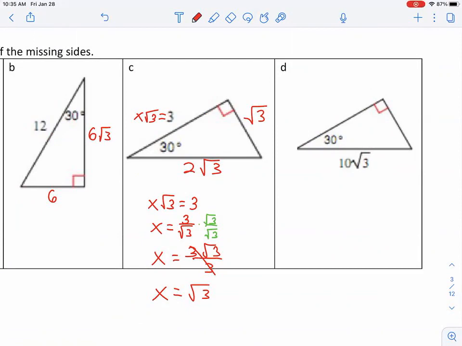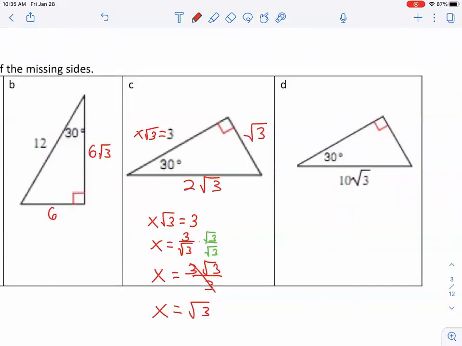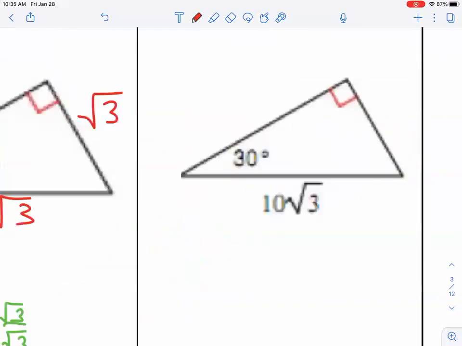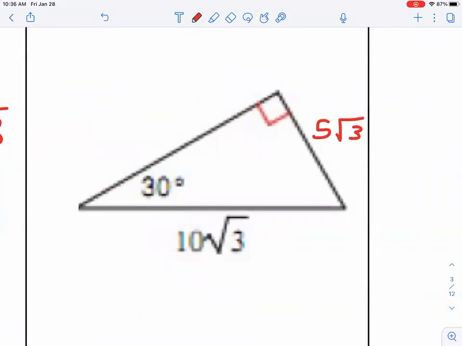And for part D, we're given the hypotenuse. The hypotenuse is 10 root 3. Well, remember the relation between the hypotenuse and the shorter leg. The shorter leg is half the hypotenuse. So that means that this would be 5 root 3. Okay, half the hypotenuse. And then the longer leg is this number times the square root of 3.